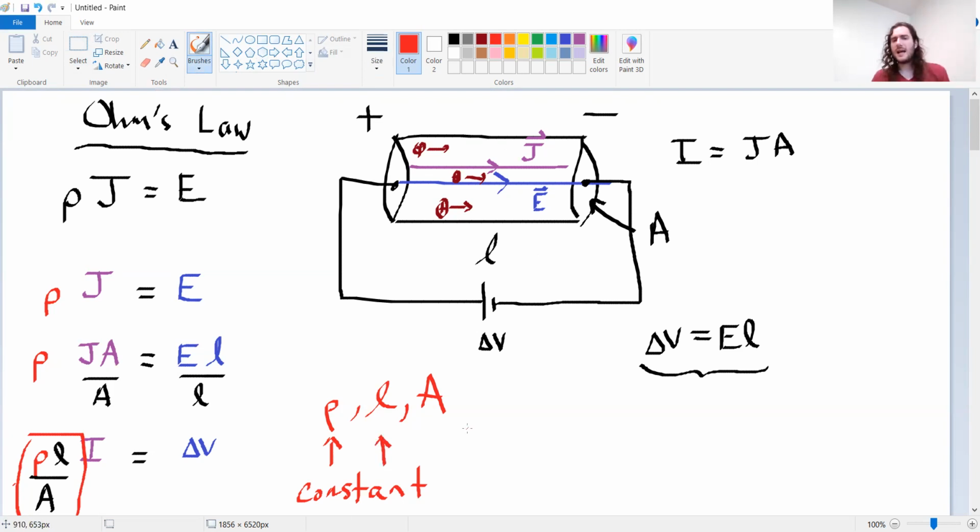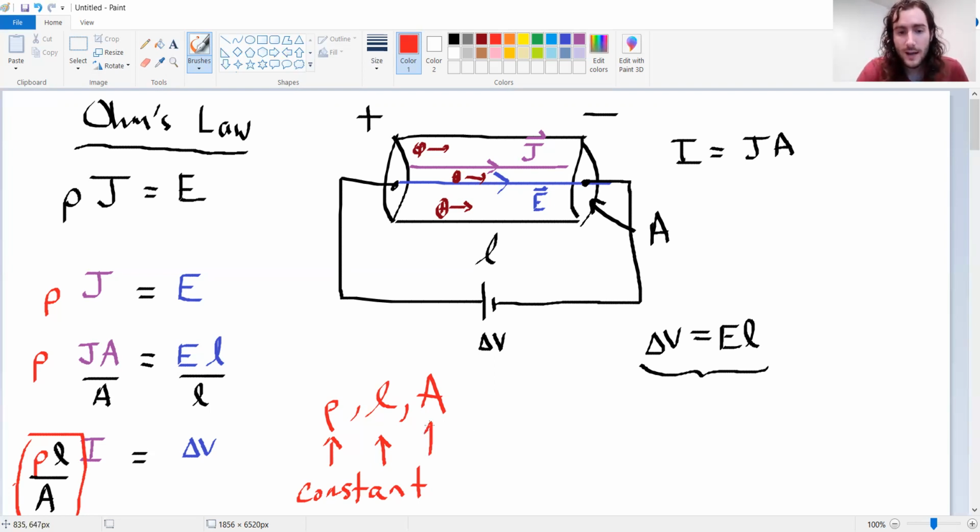And the last piece here is the cross-sectional area. We're automatically assuming that the cross section of a wire is the same everywhere along the wire, of course. But again, we could change A if we swapped one wire out for another wire. In all cases, we have to change the wire in order to change this factor.